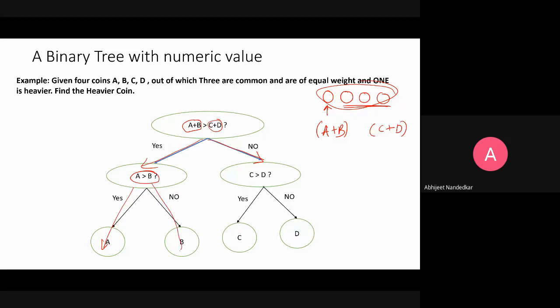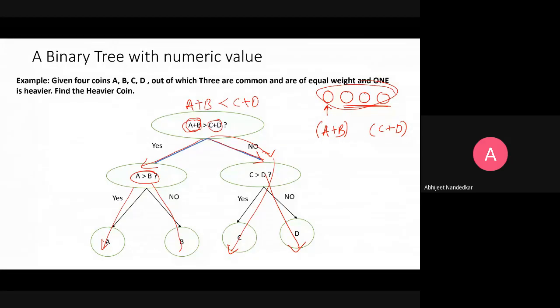Otherwise, you will declare B as the heavier coin. Now, if A plus B is less than C plus D, then you will travel this side. Now, here, since C plus D is greater than A plus B, you just check now whether C is greater than D. Yes, then this is heavier coin. Otherwise, this is the heavier coin.